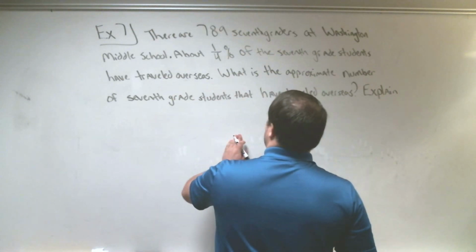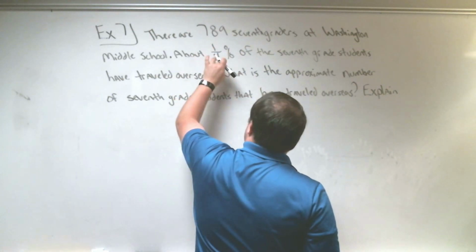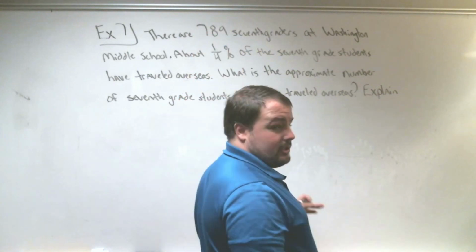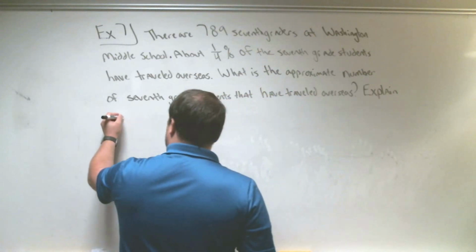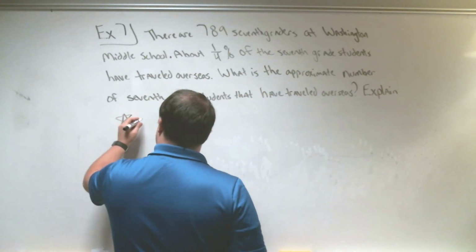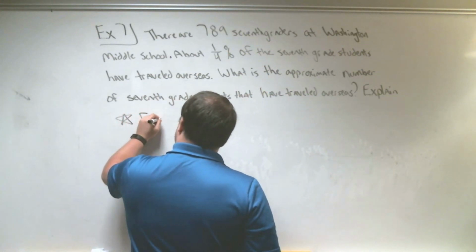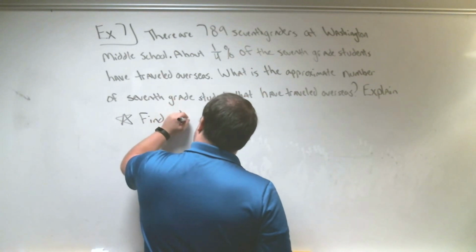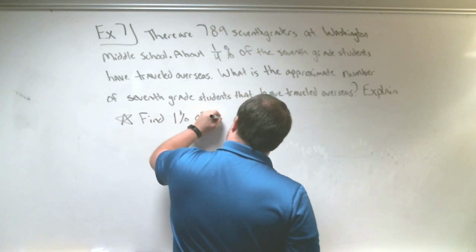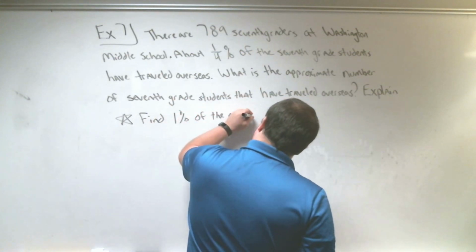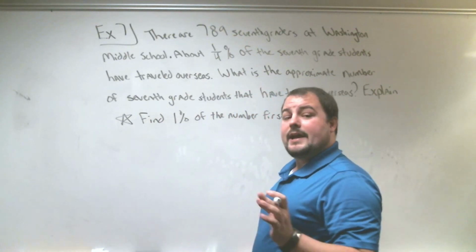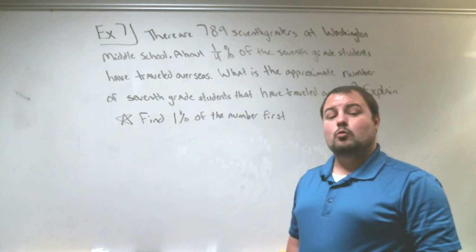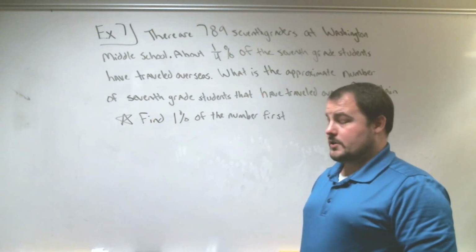So what we have to do is figure out what 1/4 percentage of this number is. Before you do this, though, one of our first steps is if you have a percent less than 1, we need to find 1% of the number first. So before we actually solve this problem, we need to figure out what about 1% of that number is first.